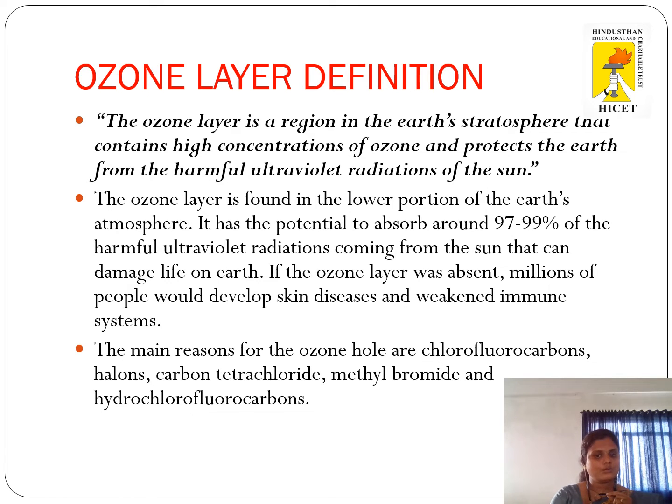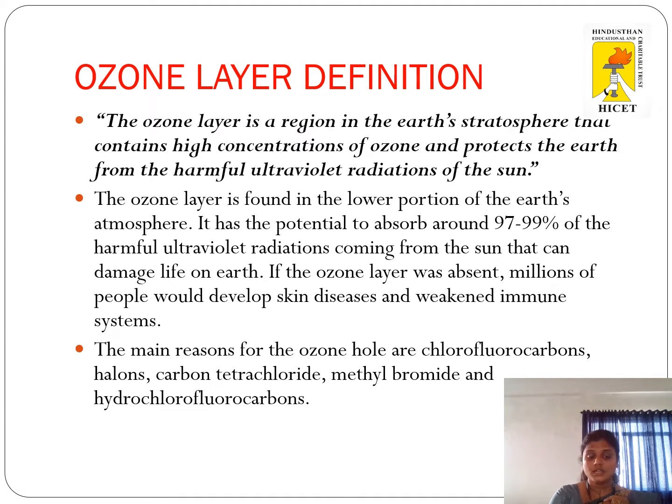If the ozone layer was absent, millions of people would be affected by various skin diseases and would have weakened immune systems. The main reasons for the ozone holes are chlorofluorocarbons, halogens, carbon tetrachloride, methyl bromide, and hydrochlorofluorocarbons.